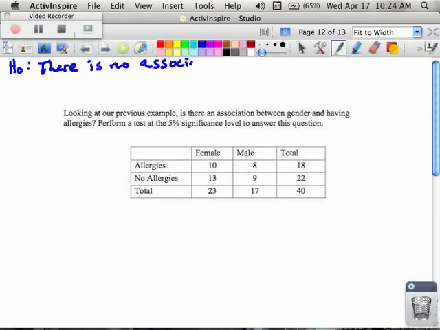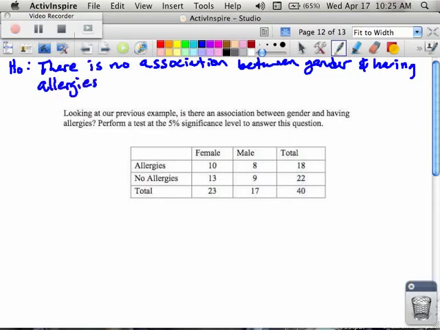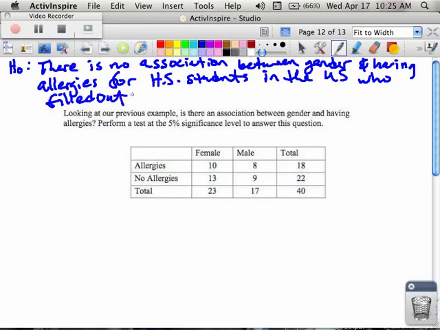association between gender and having allergies for high school students in the U.S. who filled out, yeah, why not?